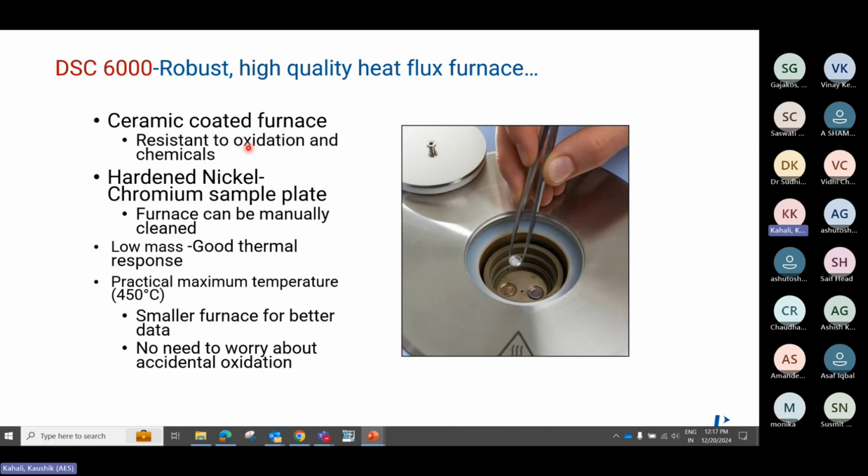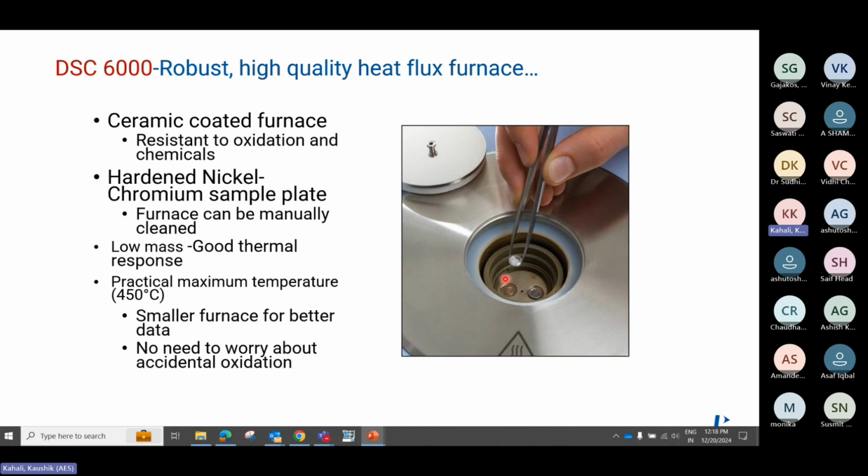That is the durability of our furnace, because normally other furnaces are made of silver, so there is a chance of getting oxidized very fast, and you need to change those furnaces frequently, maybe every 2 or 3 years, which is not required for this DSC 6000. The hardened nickel chromium sample plate furnace can be manually cleaned.